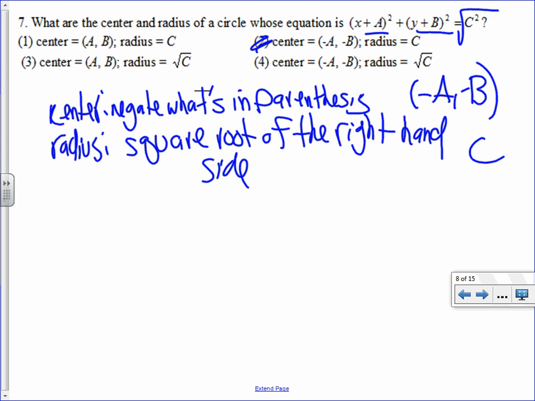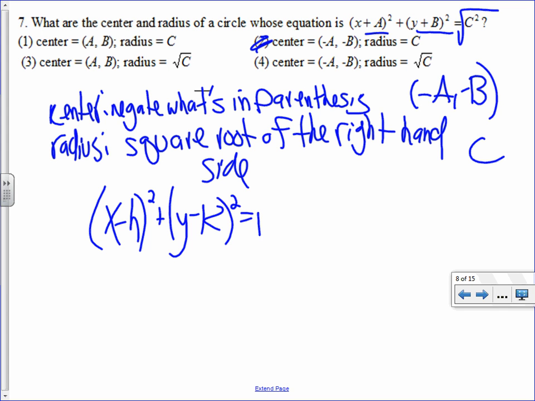There you go. And of course, the general formula for the equation of a circle, where h, k is the center and r is the radius.